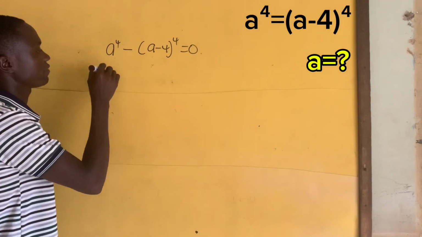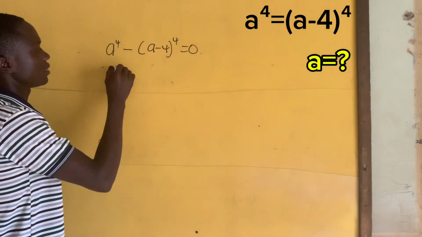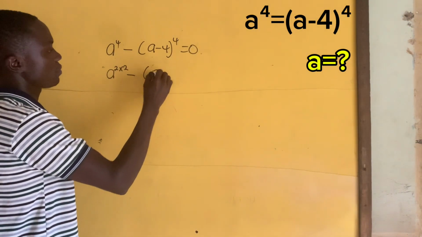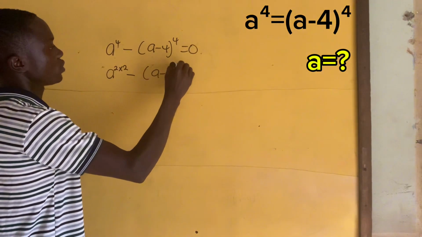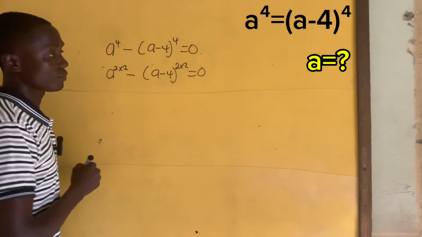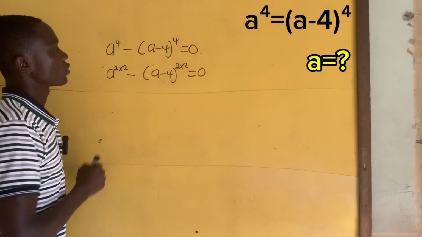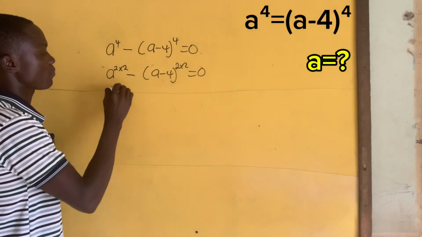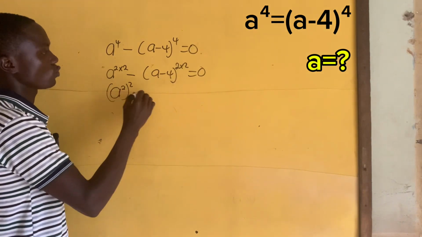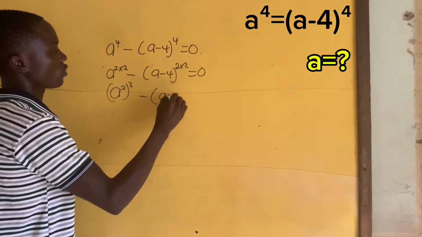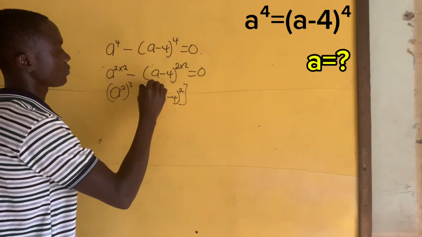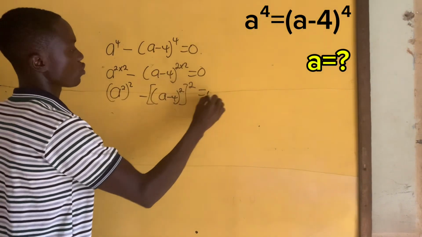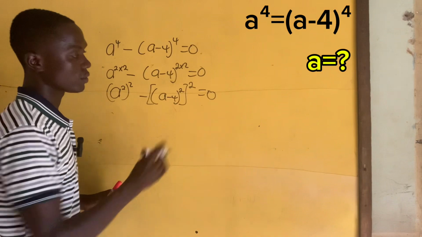Now, we write this one as a squared times 2 minus (a minus 4) power 2 times 2 equals 0. So this is going to give us (a power 2) squared minus ((a minus 4) power 2) squared equals 0.